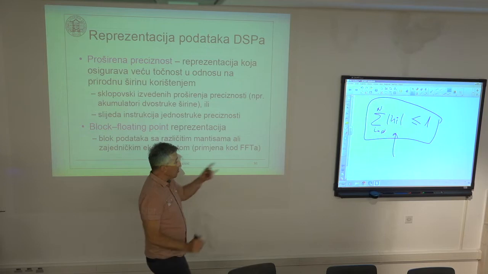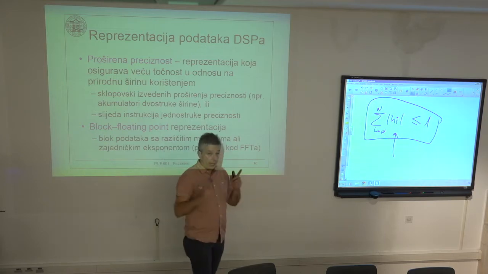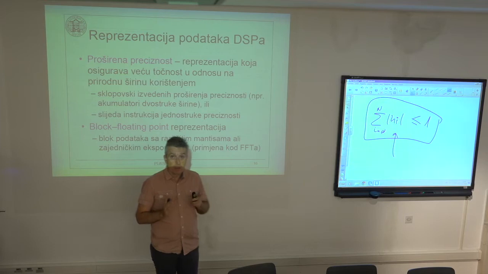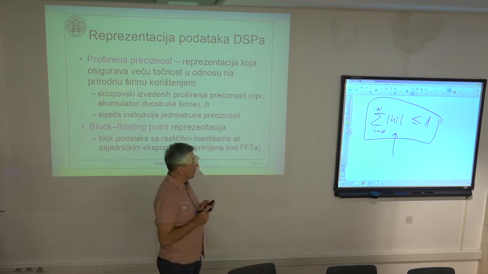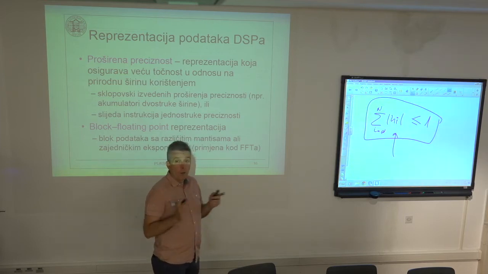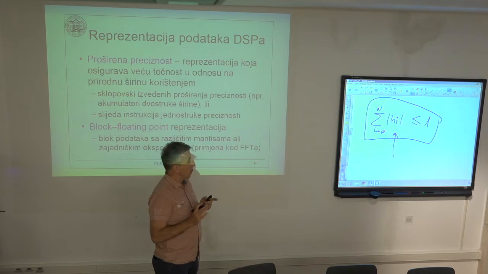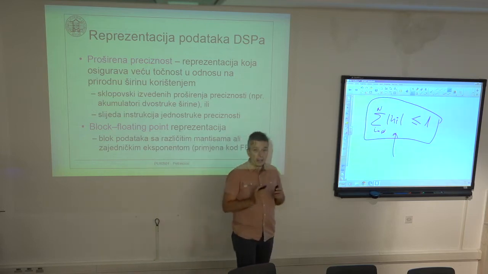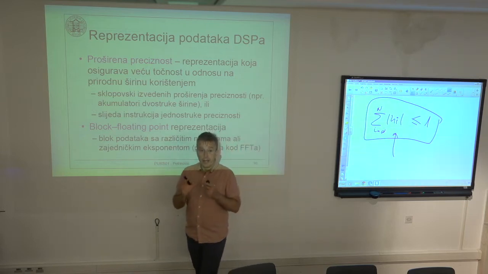So if I add together the absolute values of the impulse response samples, and this sum is finite, less than 1, then no overflow can occur. So I can be sure that the output value would be scaled, within the range of plus minus 1.